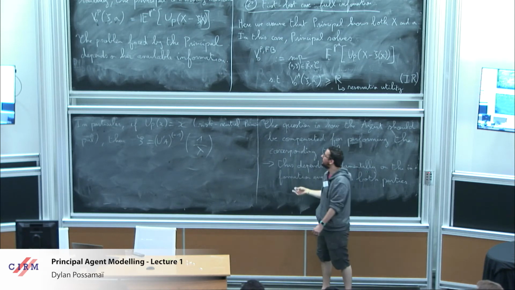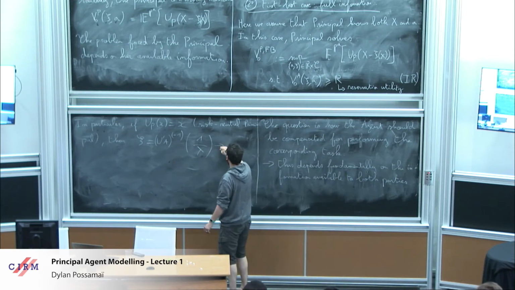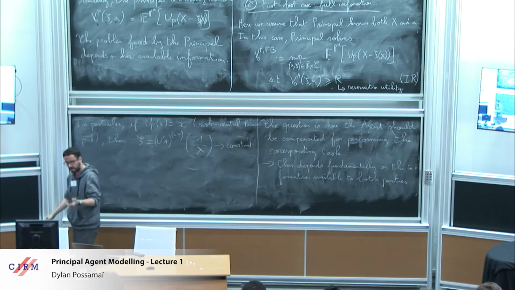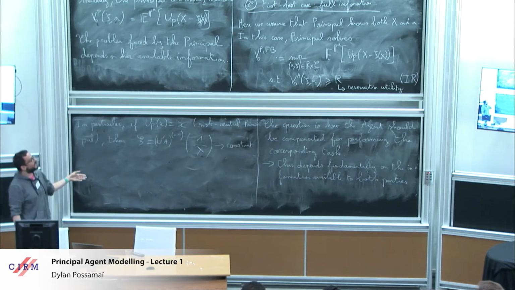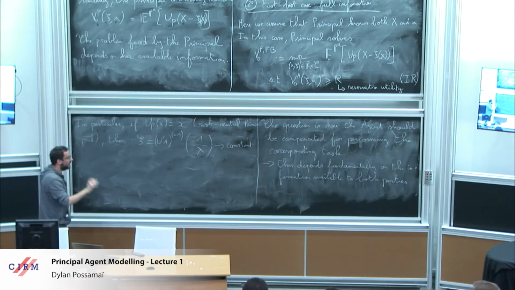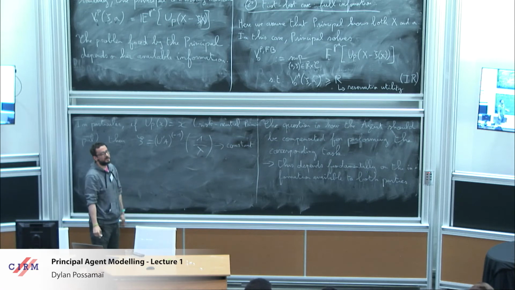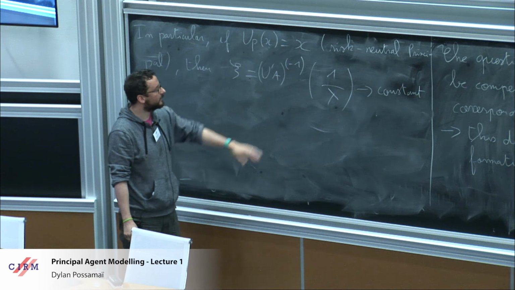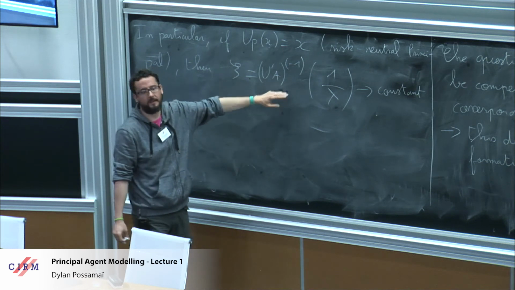The value itself is not important. What is important is that this is constant. So that's telling you that in the case where the principal is risk neutral and it has full information, what payment do you make? You make constant payment. It's a fixed salary. You just tell the agent, whatever you do, I'm the one choosing how much work you're going to put there, but I will pay you a constant salary.